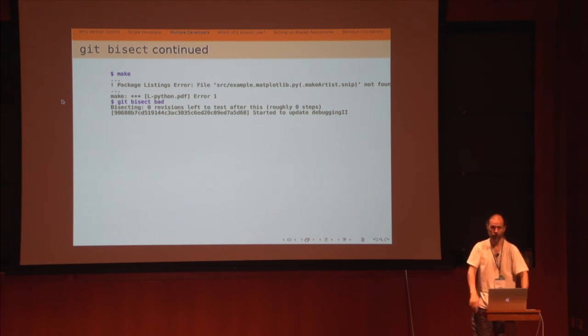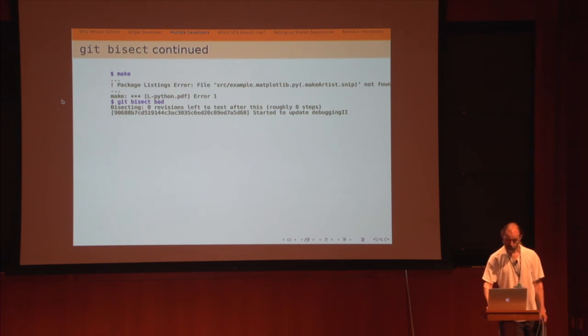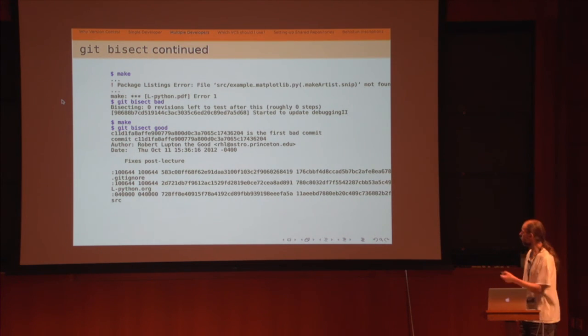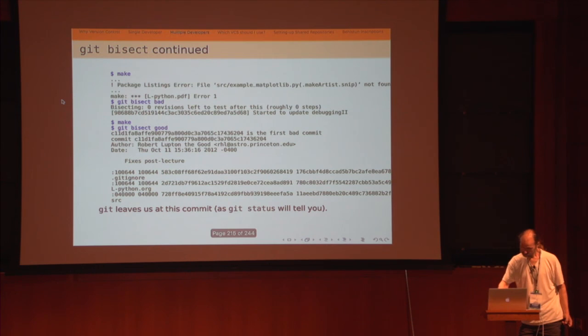Was the problem introduced here? So in logarithmic time, you can find where you introduced the problem. For big codes, this is actually really useful. And then when you're finally done, you say, this one was good, this one was bad, and Git will tell you where you are, and you can go in, and in this case, the problem is indeed at "fixes post-lecture," and we're good to go. Okay.